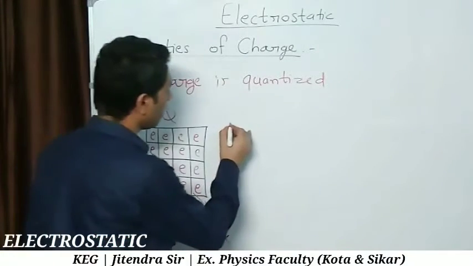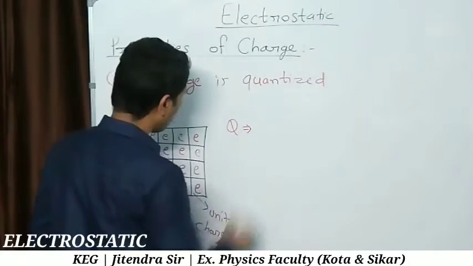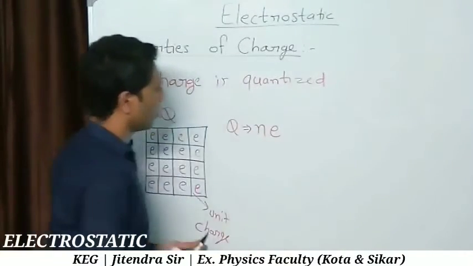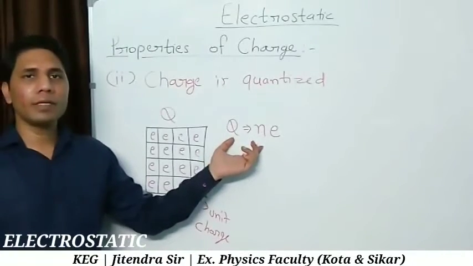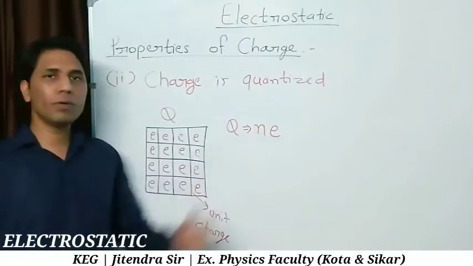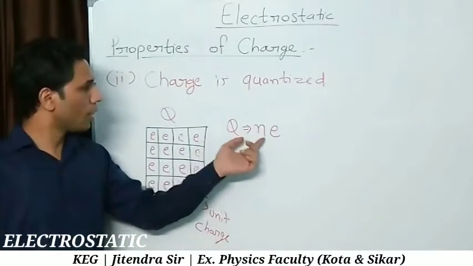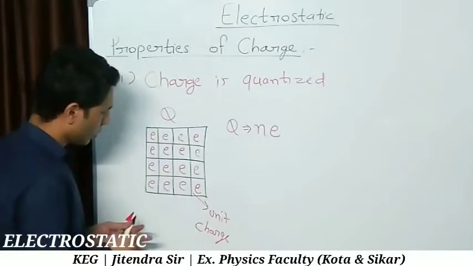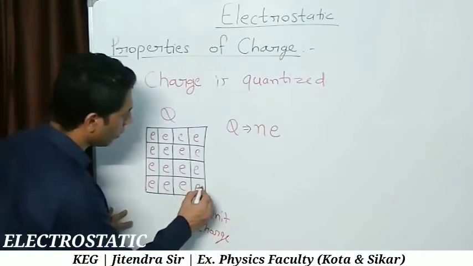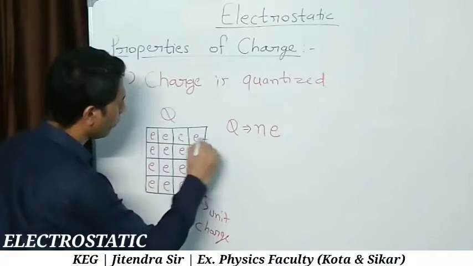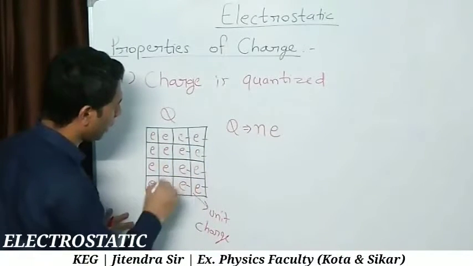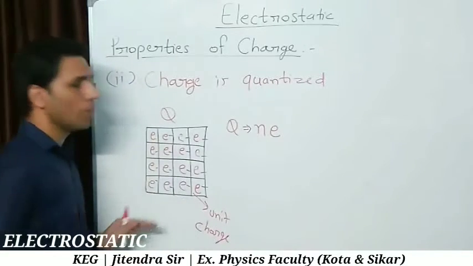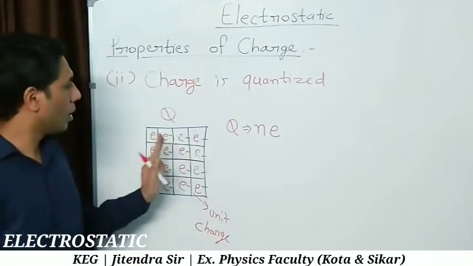We have to write Q equals N into E. What is N? N is the number of blocks. How many blocks are there? 1, 2, 3, 4, 5, 6, 7, 8, 9, 10, 11, 12, 13, 14, 15, 16. There are 16 blocks.